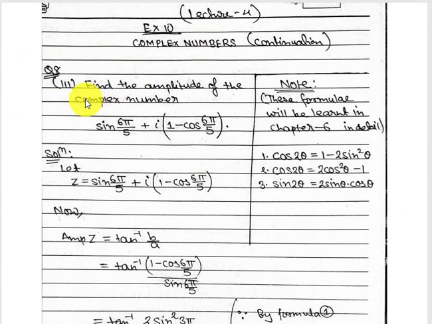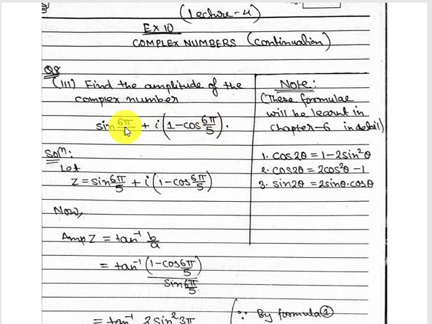Question number 8.3, find the amplitude of the complex number. Here I have got sine 6 pi upon 5 plus i in bracket 1 minus cos 6 pi upon 5.